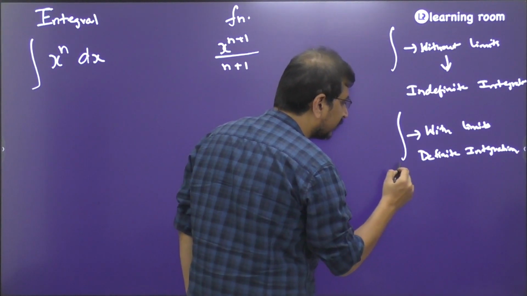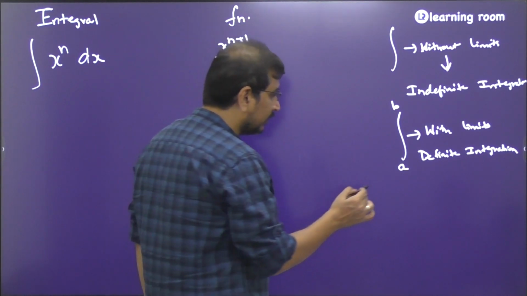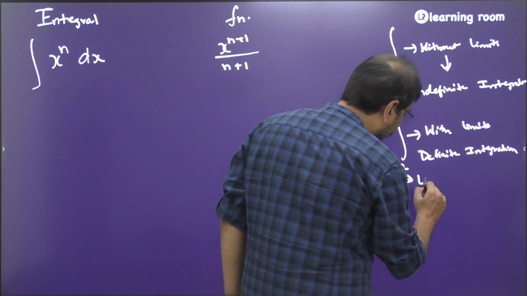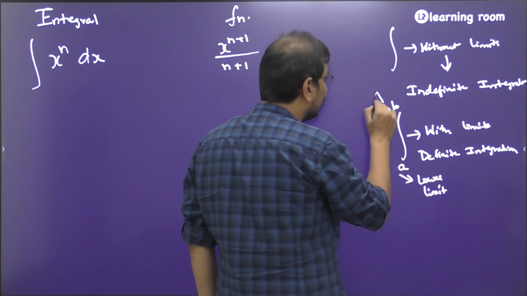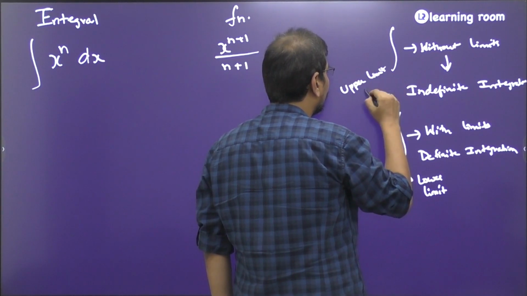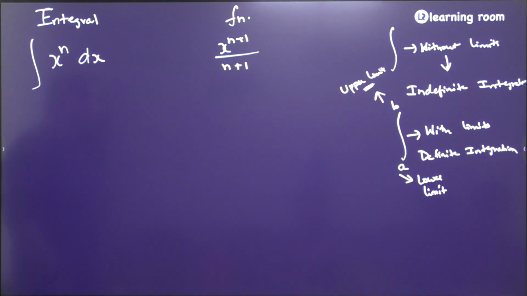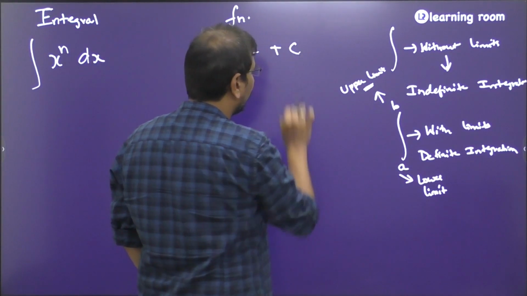So when you write the limits, you put a here, b here, or any other variable. Where this a is called as the lower limit, and you call this b as the upper limit. So it is going to be x power n plus 1 divided by n plus 1. So whenever you do indefinite integration, you need to add a constant to it.